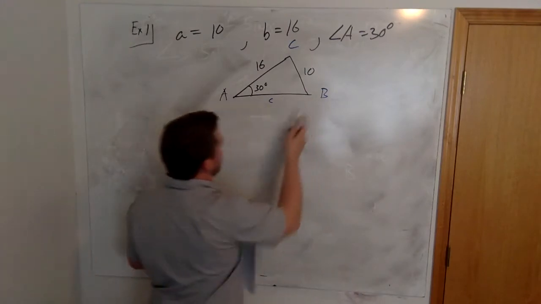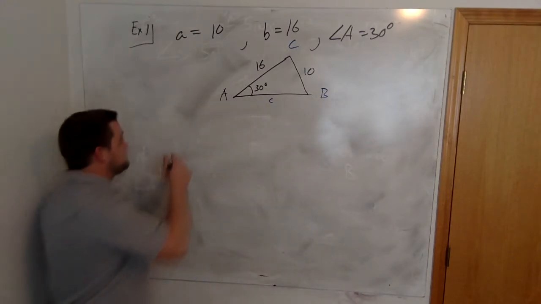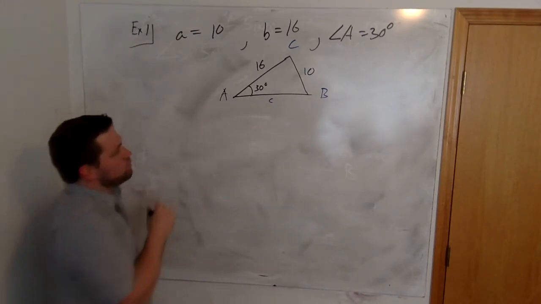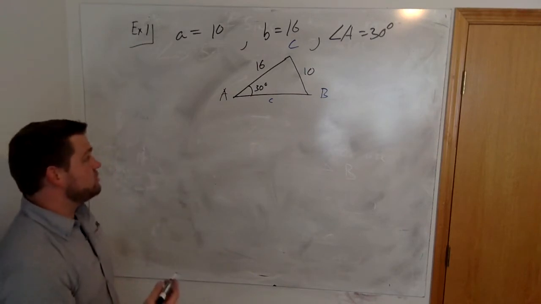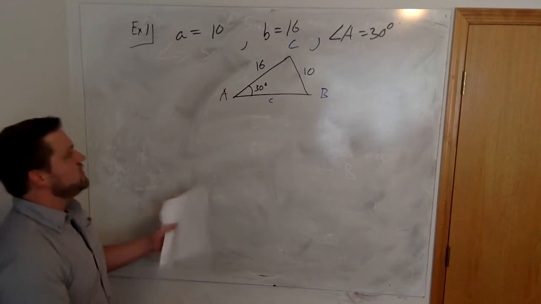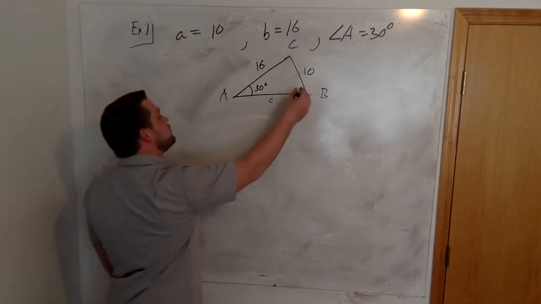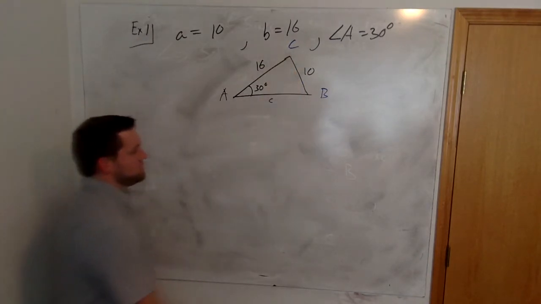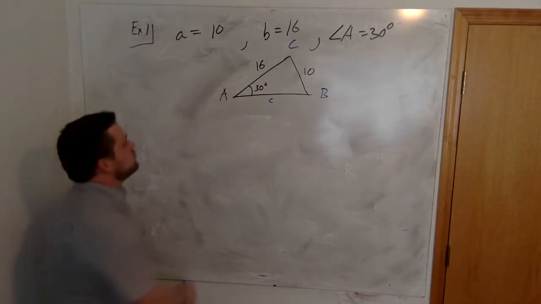Okay, let's first start by trying to find angle B. Since I don't know all three of the angles, I can't use the trick from the last video where the sum of the angles adds to 180 degrees, but once I find angle B, I can easily use that trick to find angle C. So what can we do here?